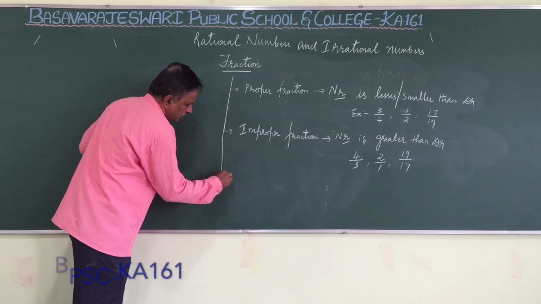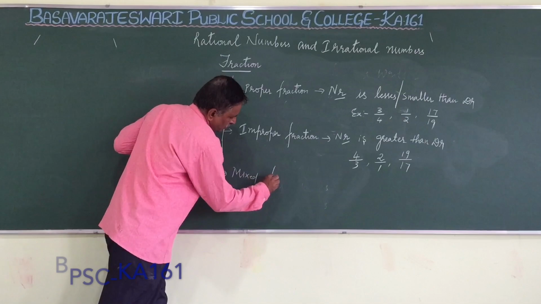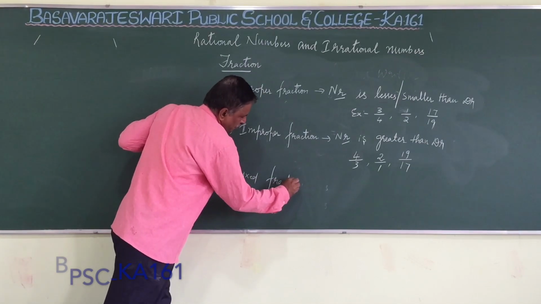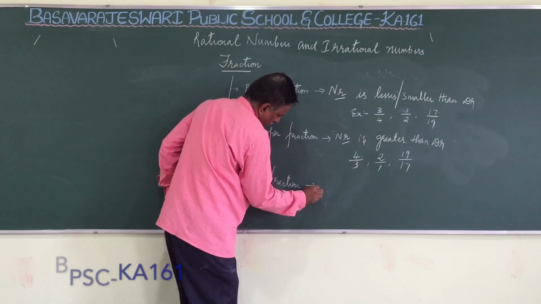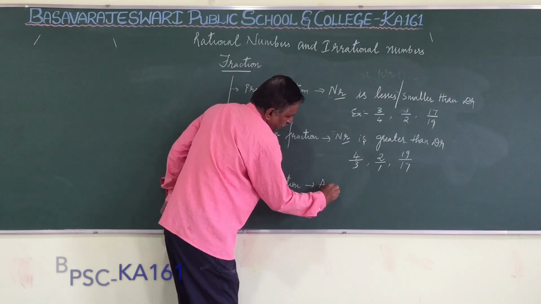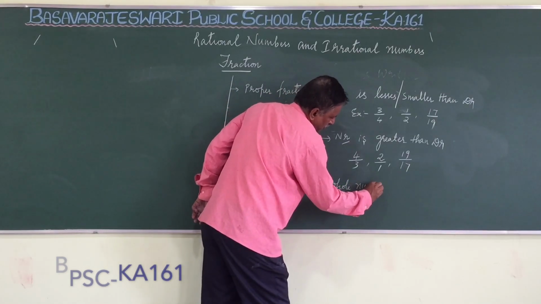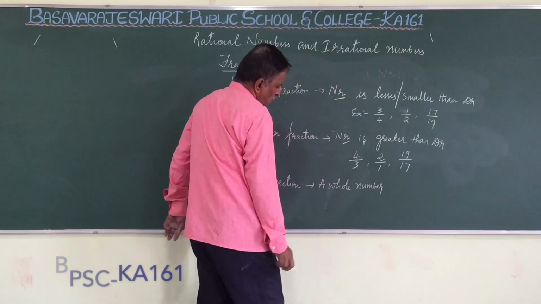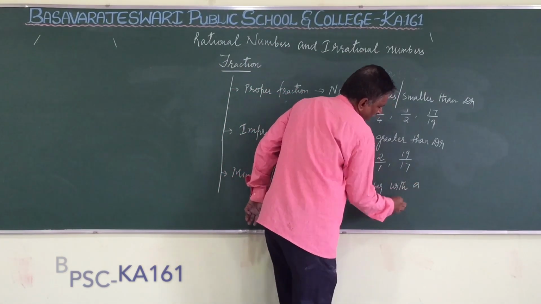The next one is mixed fraction. Here what happens? A whole number with a fraction.